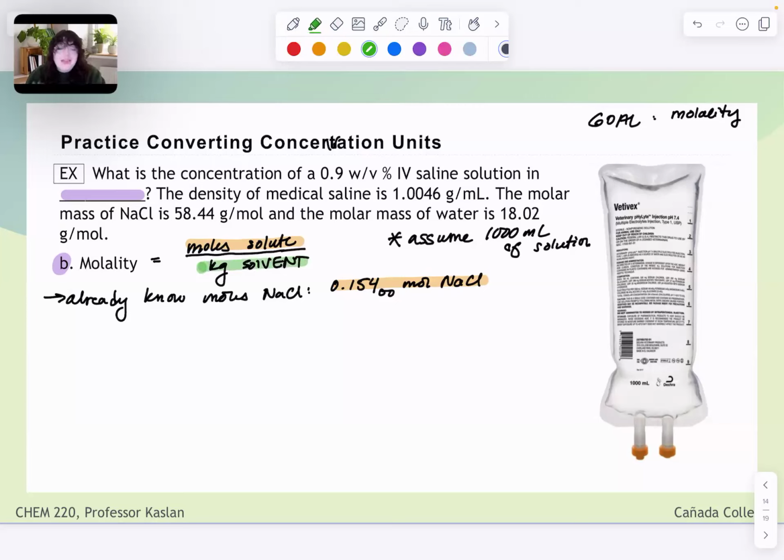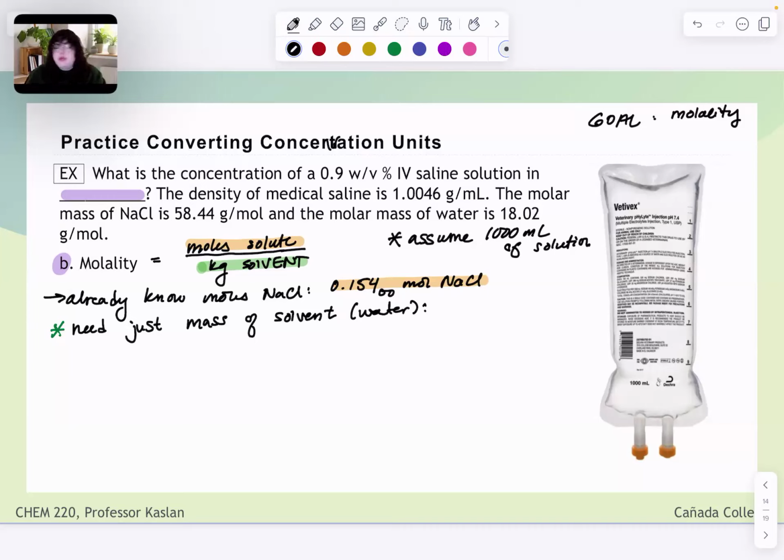So now that I've got my moles of solute, my numerator, we need to find just the mass of solvent, or water.